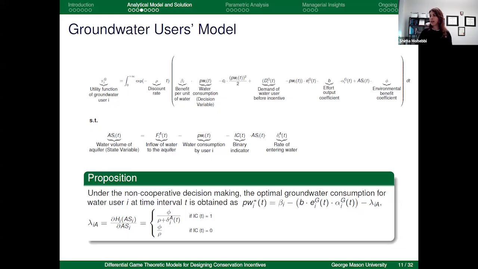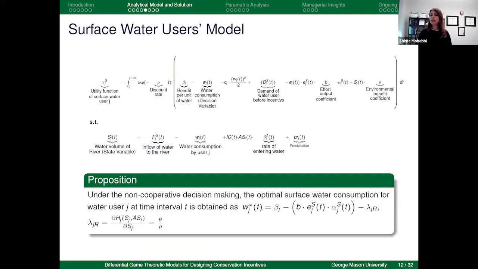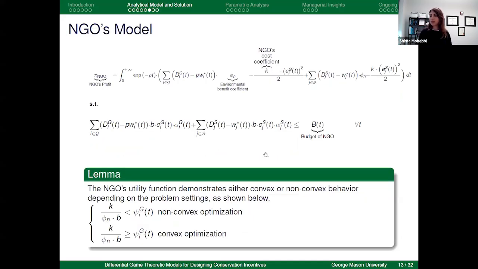The other part is that we have a direct decision variable from the NGO's utility function in each of the water users' utility function. And then for the NGOs, depending on what their optimal decision variable is, that goes to their available budget. So that's how this is played. So technically, we need to solve the game, find their optimal solution, plug it into their utility function.